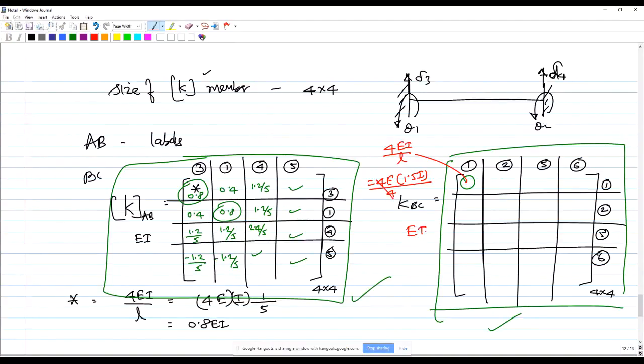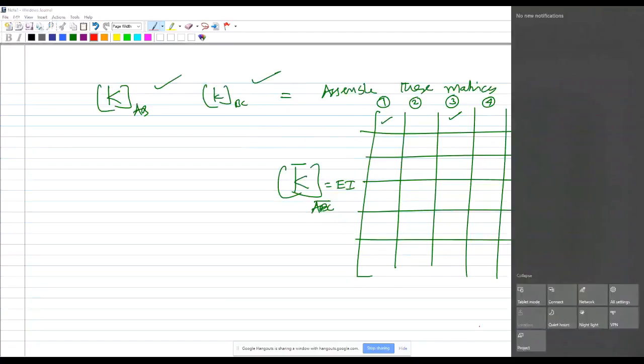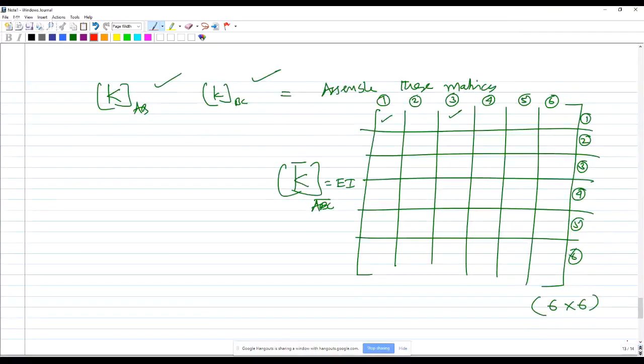So EI is constant, and this value is going to be 1.5. So this matrix can be easily filled up without any confusion, and therefore it can be formed automatically using the computer program. So this is an input which is generated.